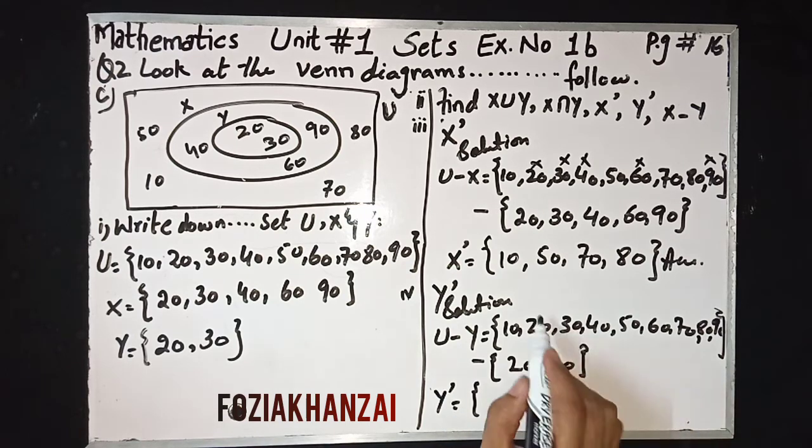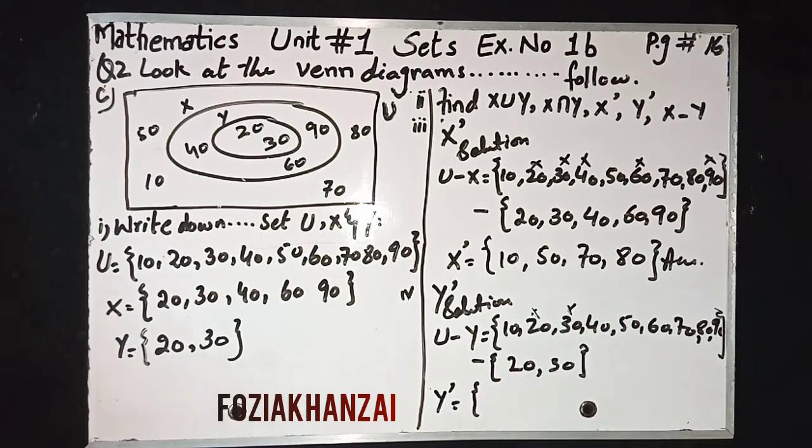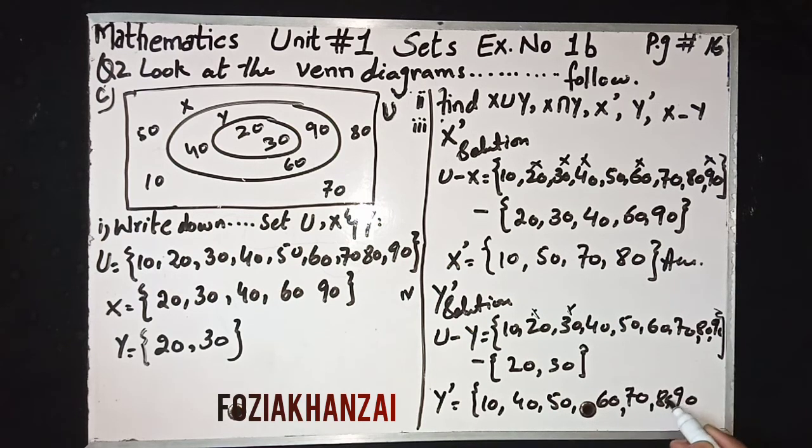Y complement. Cut the same elements, the common elements: 20, 30 are common elements in both sets. Remaining elements of set U: 10, 40, 50, 60, 70, 80, 90 would be the answer of Y complement.